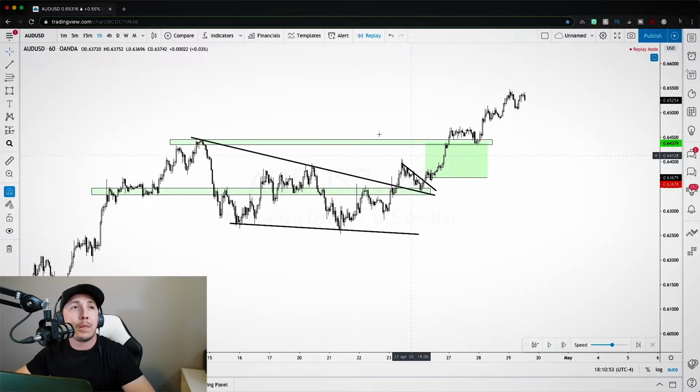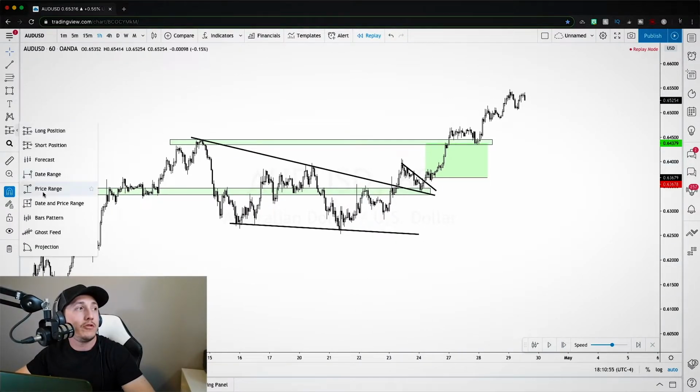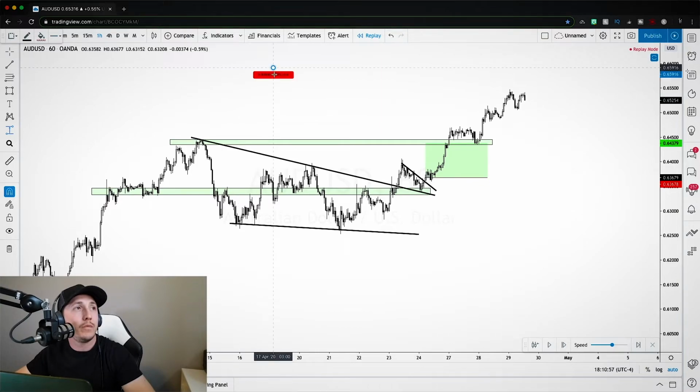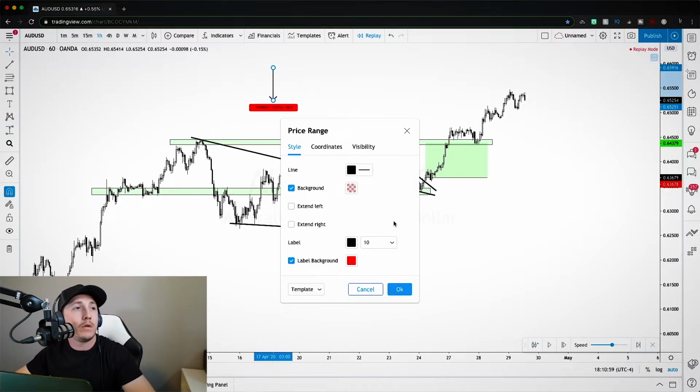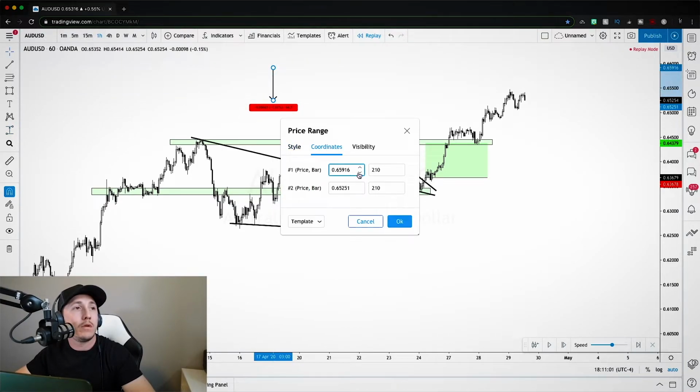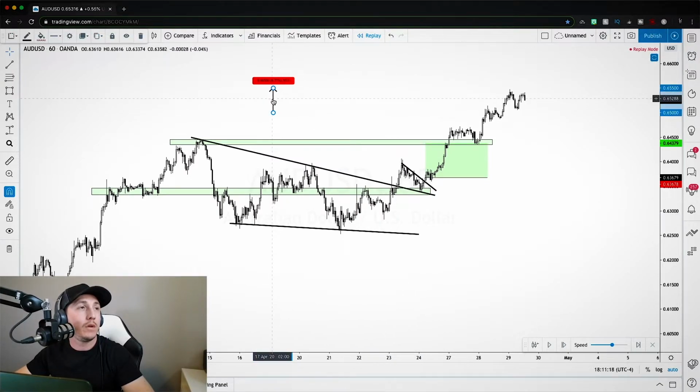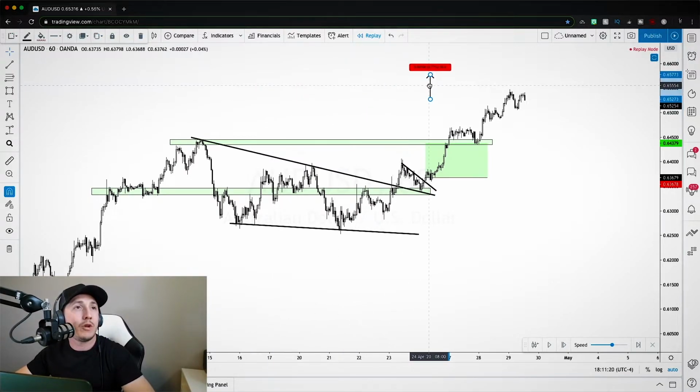All right. So let's just take this just so we know. This is going to be our 50 pip stop loss. So I'm going to need to, let's go 65 to 65.5. All right. So now we got our 50 pip stop loss.